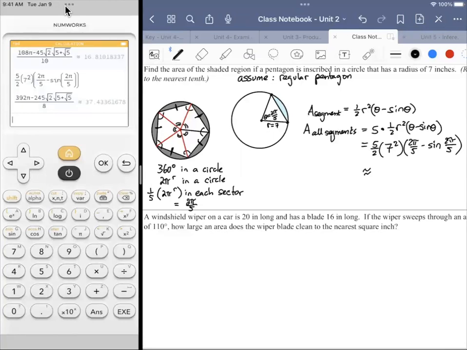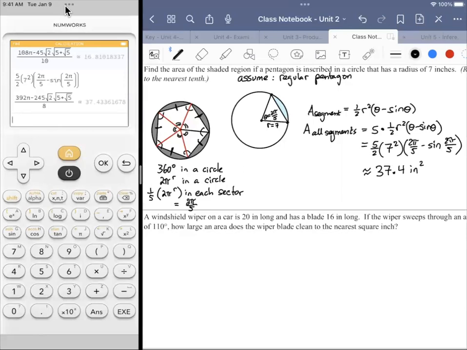So 37.4 square inches. And again, my analogy that it's the crust of the pizza, it's not quite right. Crusts are rounded, but in terms of a mnemonic, it's not the worst. I think that's all I wanted to say about that problem.